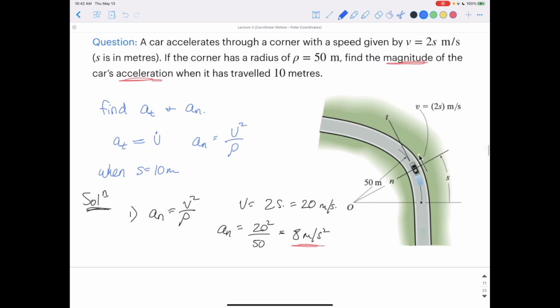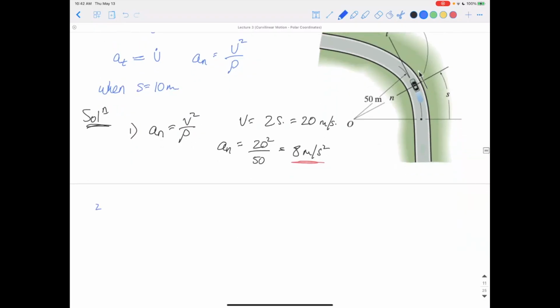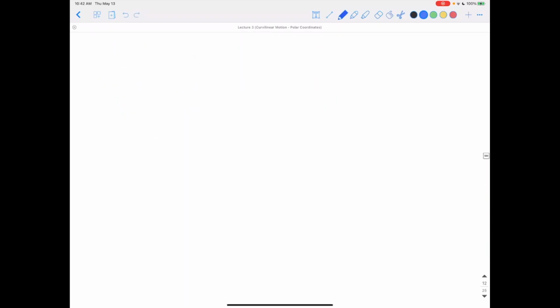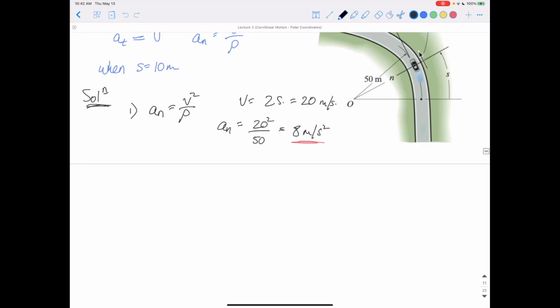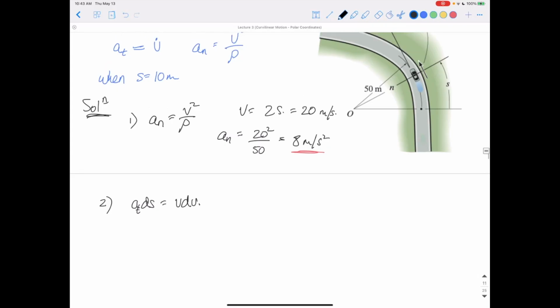What about our tangential component? Can we use the formula a ds is equal to v dv and then rearrange it to get v times dv over ds, and then that gives us our tangential acceleration, and then plug in 10? Yeah. So our tangential component, AT, was equal to v dot, right?